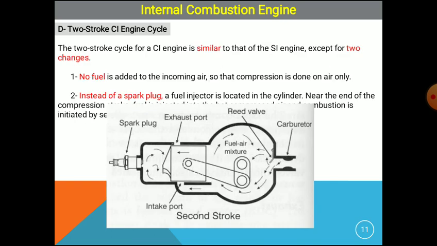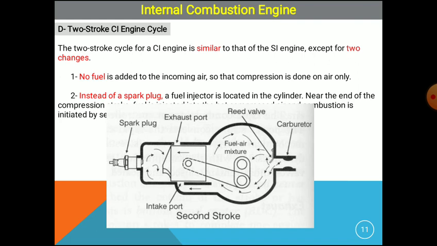Now this is about the two-stroke CI engine. The two-stroke cycle for a CI engine is similar to that of the SI engine, except for two changes. The cycle is completely similar to that of the two-stroke SI engine, only there are two changes that we have to briefly see.